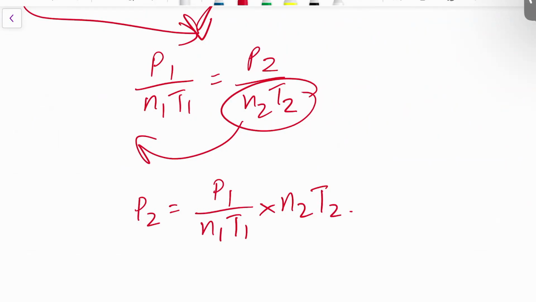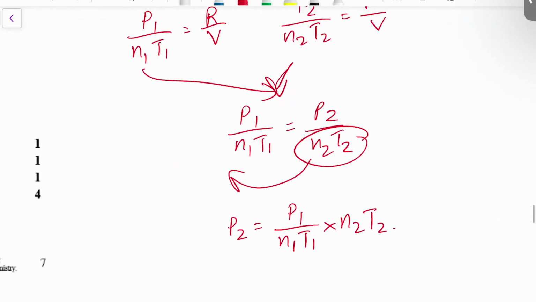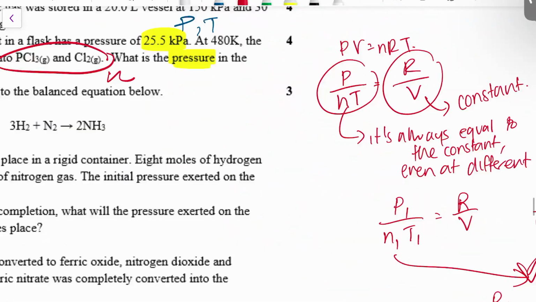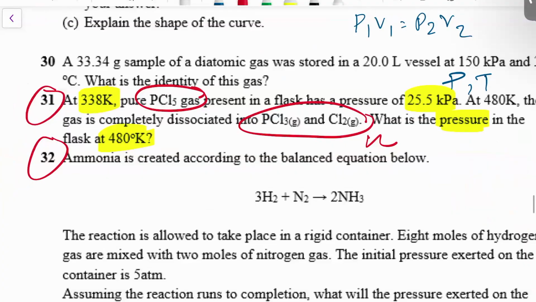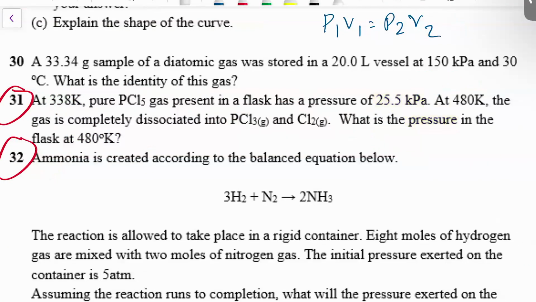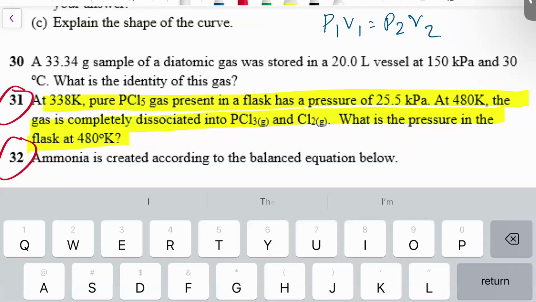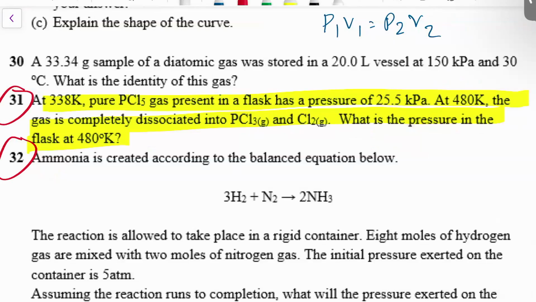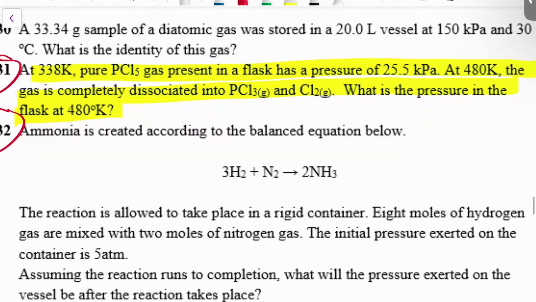Now, let's go grab our numbers. You guys can help me out actually. This is the question. What is P1? Grab the numbers for me. There's only one pressure in the question. You just have to pick that one. 338 is K. K is Kelvin.